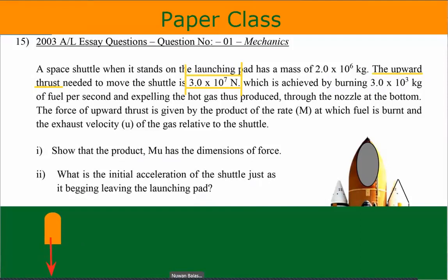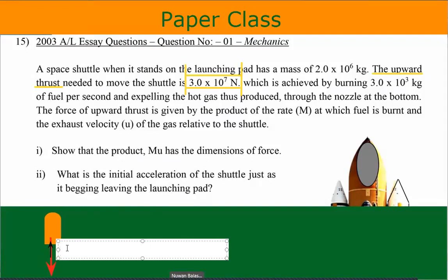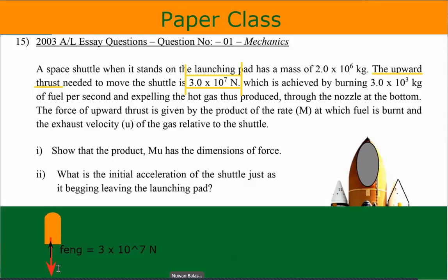In addition to this weight, there is the force given by the engine of the rocket. I would like you to draw a simple figure like this to indicate the two forces. The force given by the engine, let me mark it as F_ENG. It is given in the description as 3 into 10 to the power 7 Newton. This is the force given by the engine of the rocket, and the weight force mg. I'm not going to calculate it here, I just leave it as mg Newton.